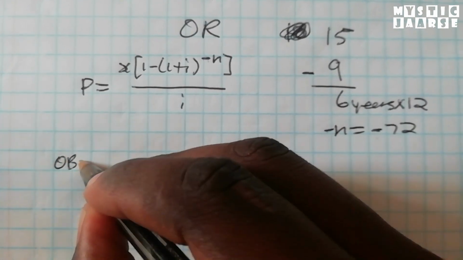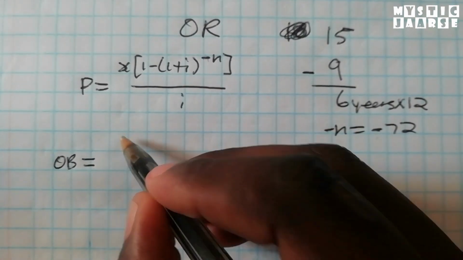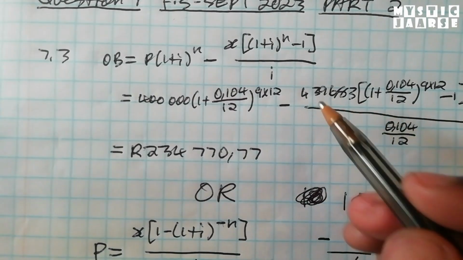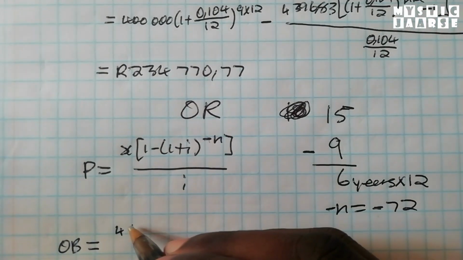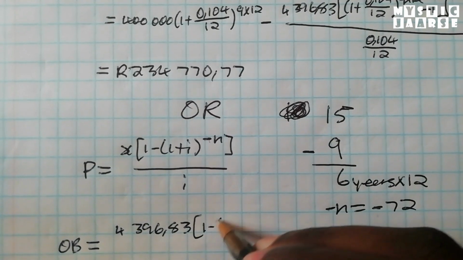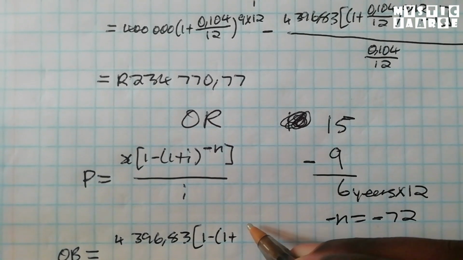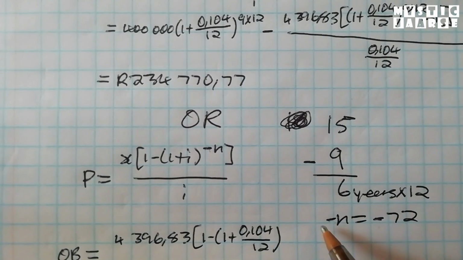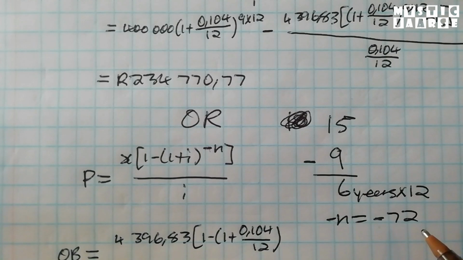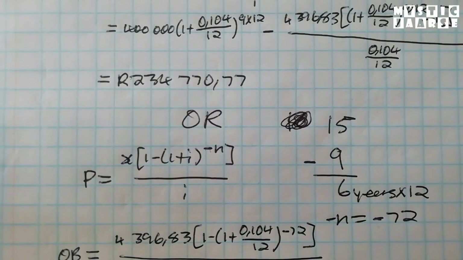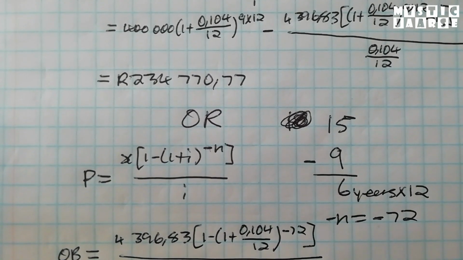The balance outstanding is equal to the regular payments made towards the loan, 4,396 rand 83 cents, into 1 minus (1 plus the interest rate 0,104 divided by 12) to the power of the number of payments that are left to be made towards the loan, so it is negative 72, close, all divided by the interest rate 0,104 divided by 12.